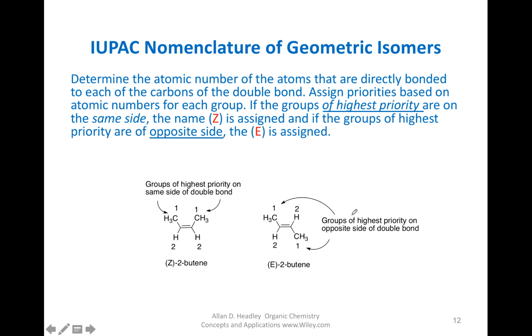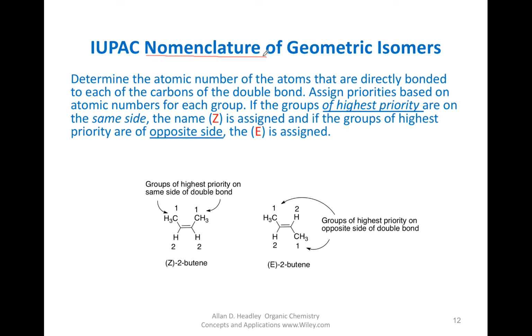Let us look at the IUPAC naming system for this. You can use trans and cis, but you will discover before too long you'll need a better naming system for these molecules.